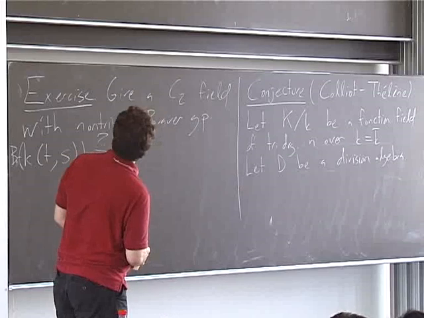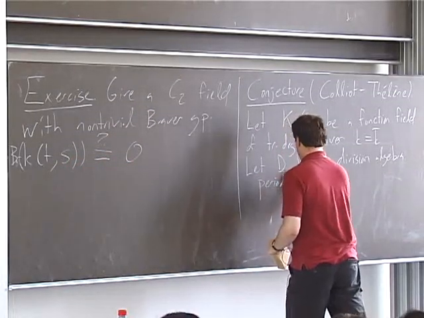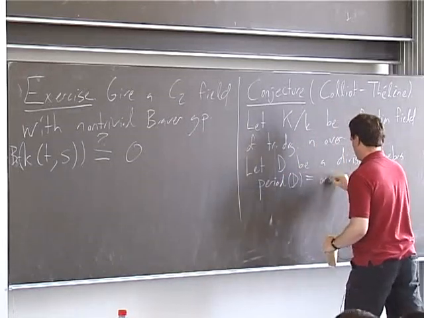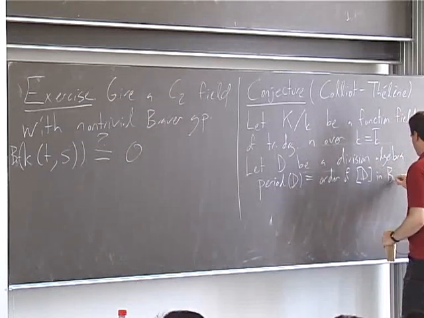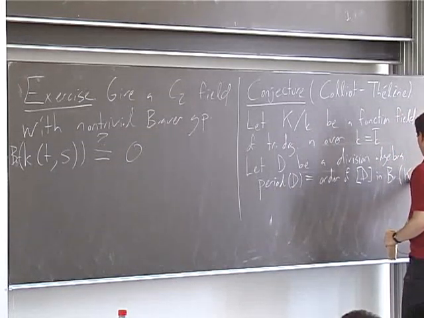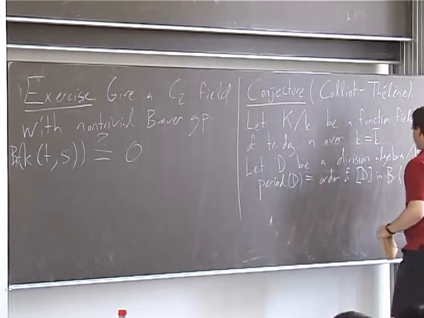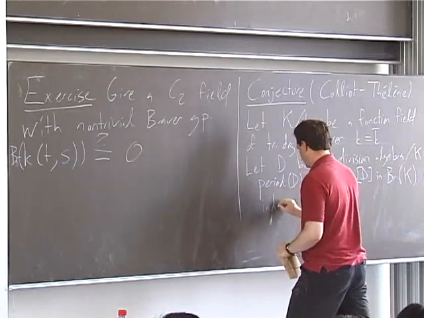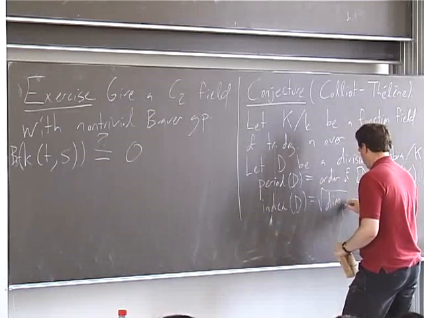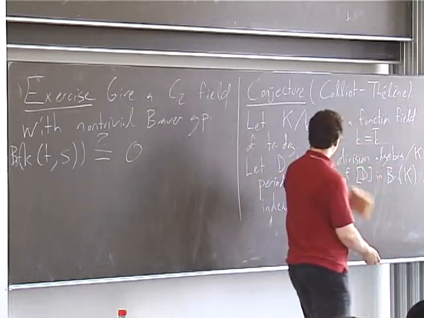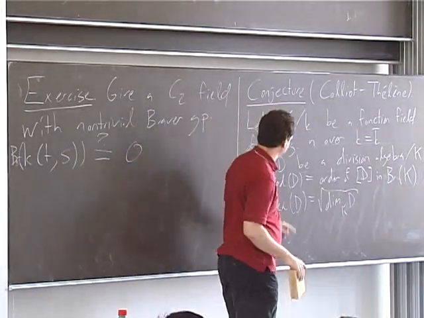There's the period, which is the order of D in the Brauer group of K. So let this be a division algebra over K, with center equal to K. And there's also the index, which is the square root of the dimension. So when you base change to the separable closure, D is a matrix algebra, n by n matrices, and the index is just that integer n.